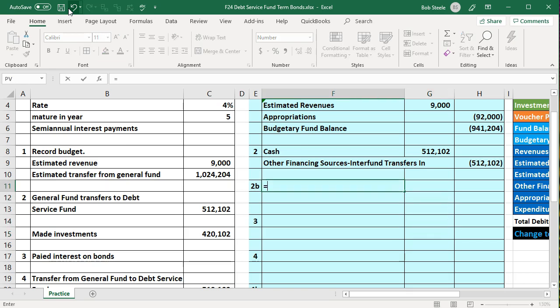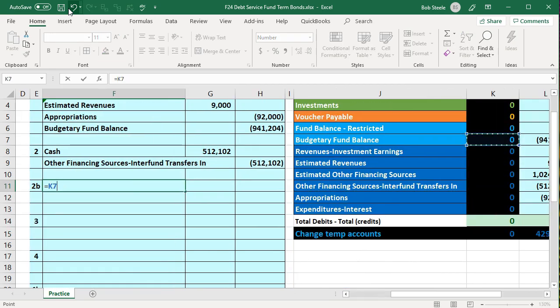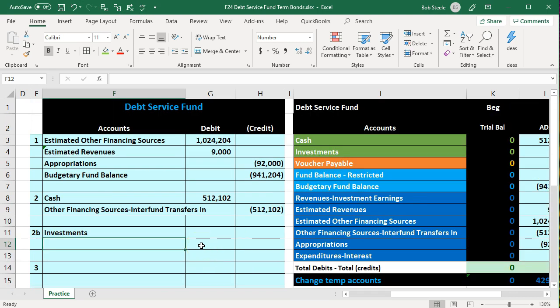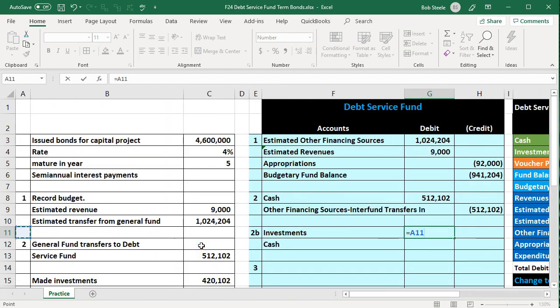That's going to be an asset. Now, it's going to be a short-term asset typically, and that's why we're going to be recording it here in the debt service fund, which is typically on a modified accrual basis. And then the other side is going to be going to cash. So there we have that. And this is going to be for the amount of the 421.02. That'll be the debit and the credit.